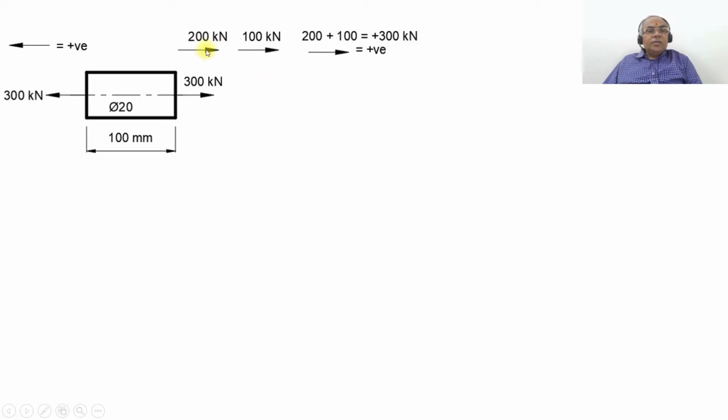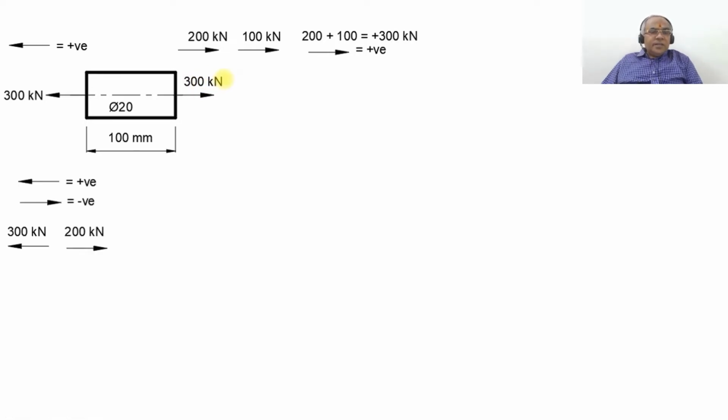Then 200 kilonewton towards the right side, since it is a tensile load, is going to be positive. And again 200 kilonewton towards the right side is positive. So 200 plus 100 is going to become plus 300. Since it is plus, it is towards the right side, which is positive. The right end, having a load to the right side, is going to be a tensile load, so obviously it will be positive, 300 kilonewton.